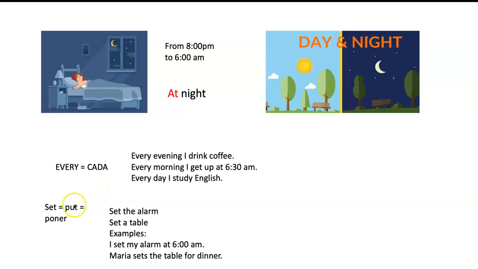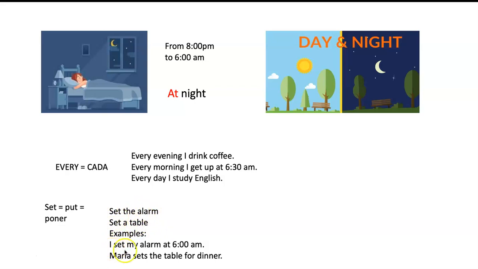Now here we have a verb, the verb set, that has the same meaning as put. So set, poner. But you use set with set the alarm, set a table. Ponga la mesa, ponga la alarma.